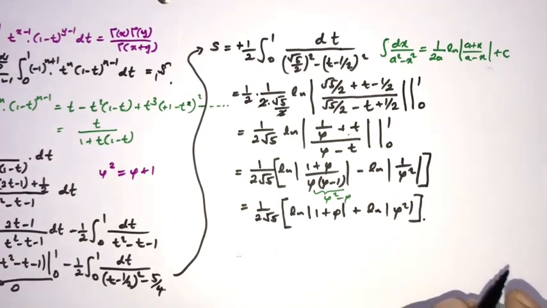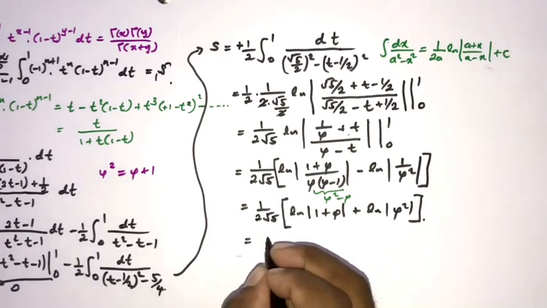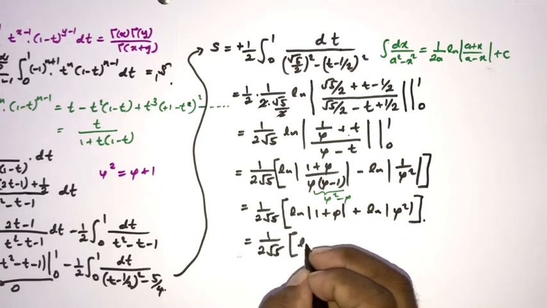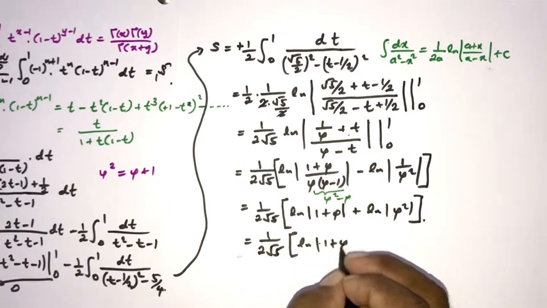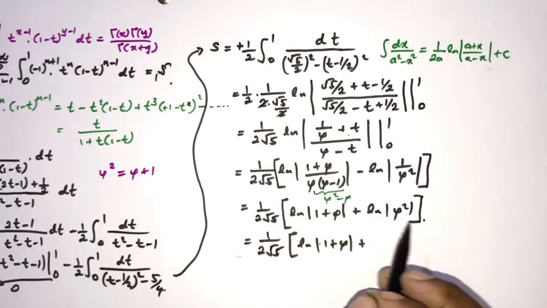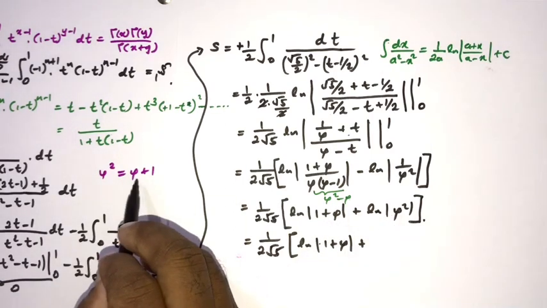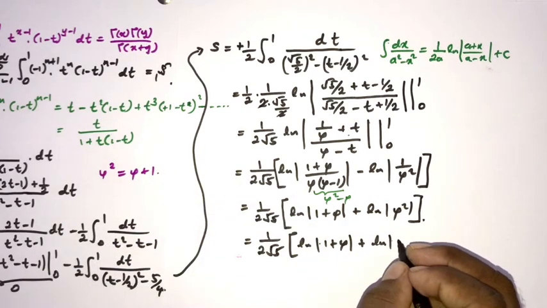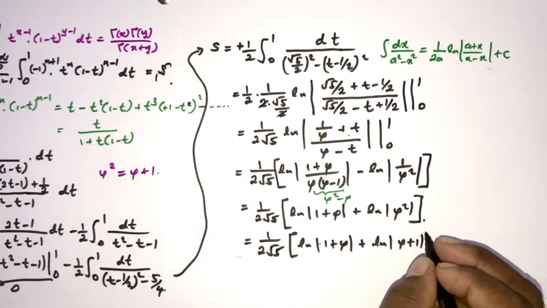Okay, then we can write again 1 over 2 times square root of 5 natural log of 1 plus golden ratio, plus then here we know phi squared is equal to phi plus 1, so we have natural log of phi plus 1.